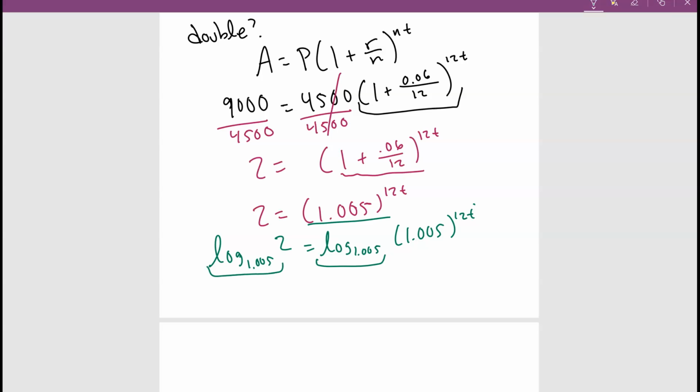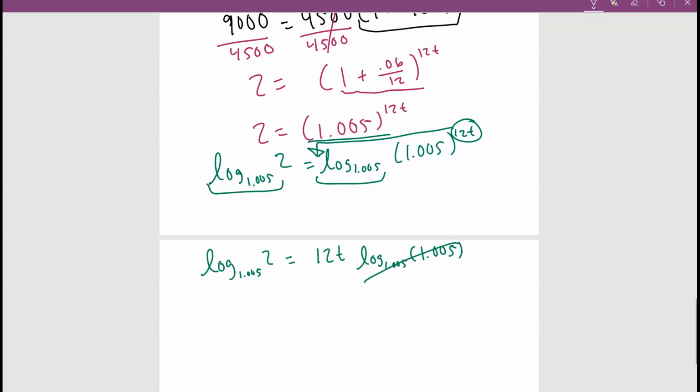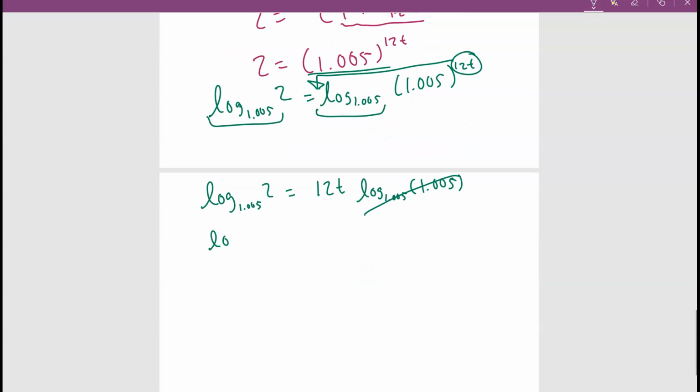Now the exponent is going to go to the front. So I'm going to have log base 1.005 of 2 is equal to 12t times log base 1.005 of 1.005. This thing is going to go away, and I'm left with log base 1.005 of 2 is equal to 12t.